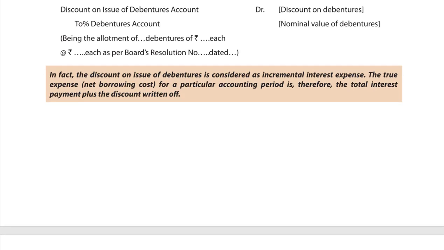In fact, the discount on issue of debenture is considered as incremental interest expense. The true expense, that is net borrowing cost, for a particular accounting period is therefore the total interest payment plus the discount written off. I believe you understood till here.